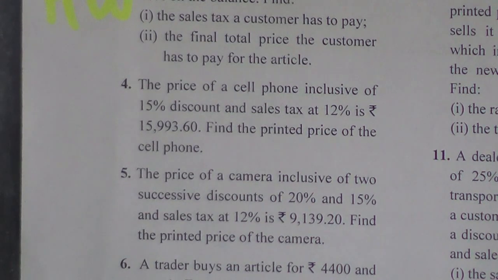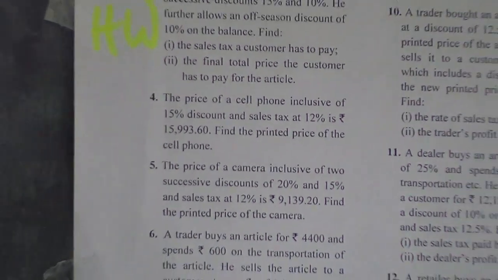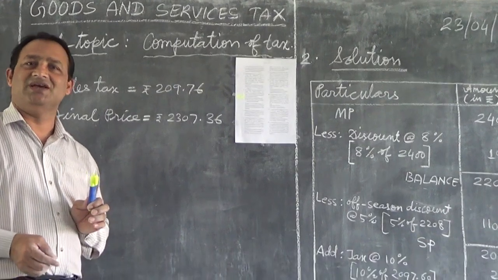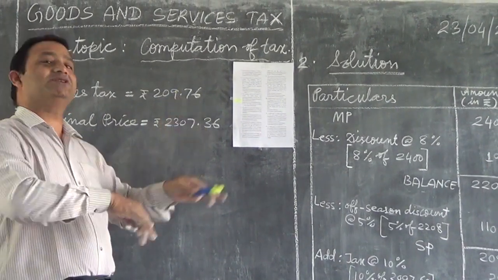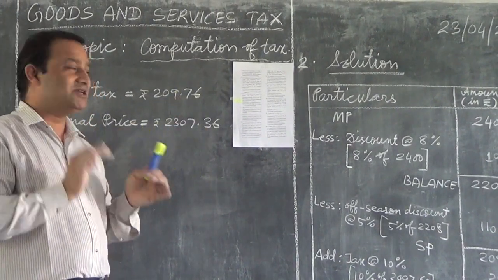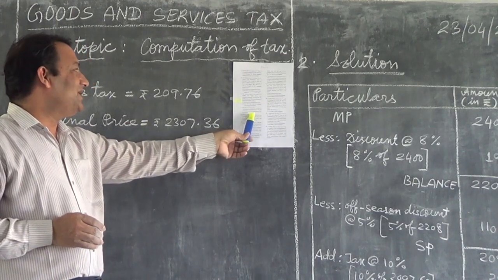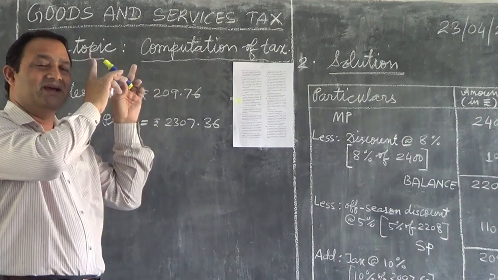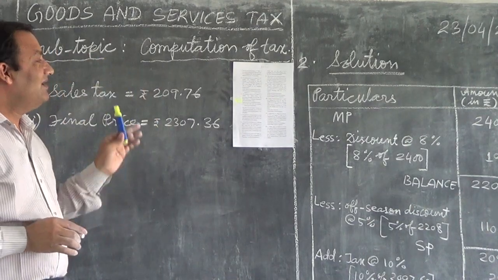So here also, of course, we can do it by the tabular method. In the tabular form we can represent it, but I will suggest otherwise, because this is a reverse problem. Here the final price is given and the printed price is asked.